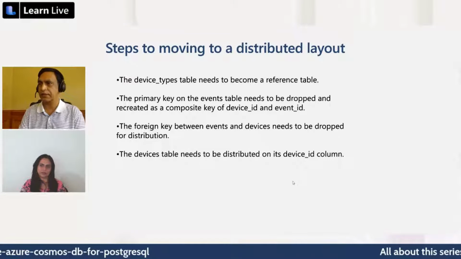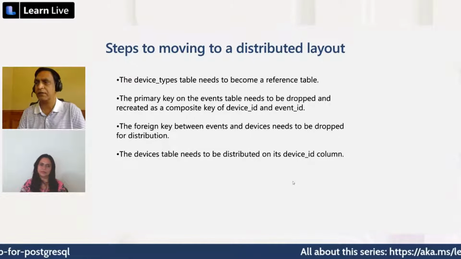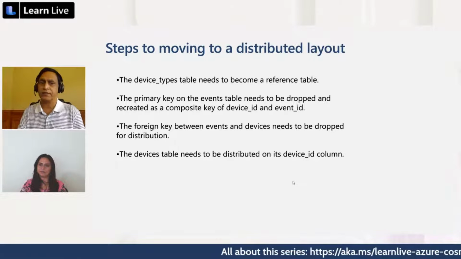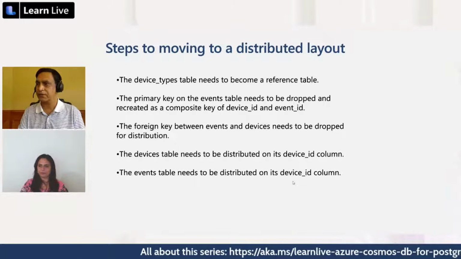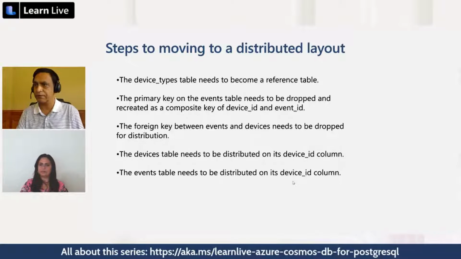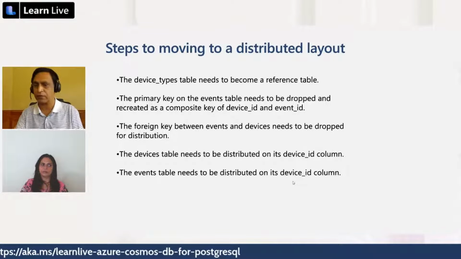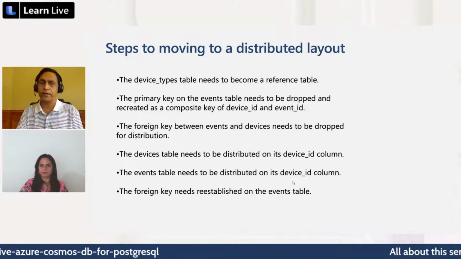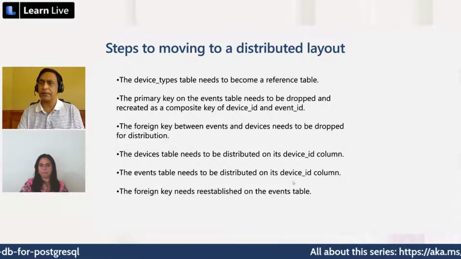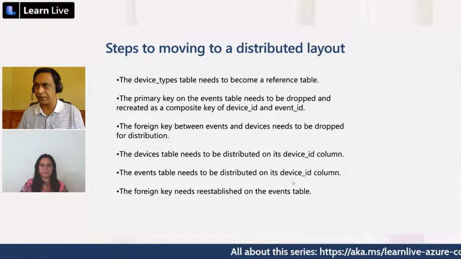And so you create a distributed table for the device table, and again the same way you can distribute the event table. You can distribute the event tables with the same command as we talked about before, and repopulate the foreign key for the event table.